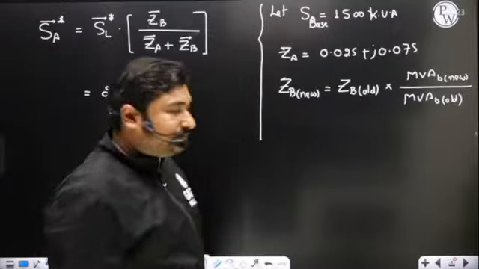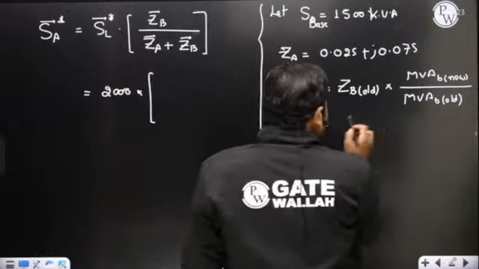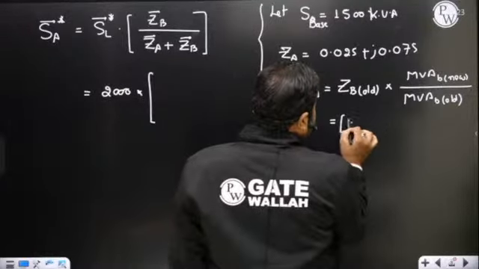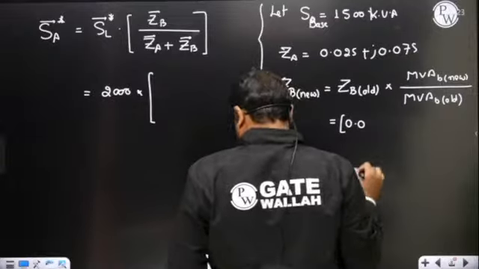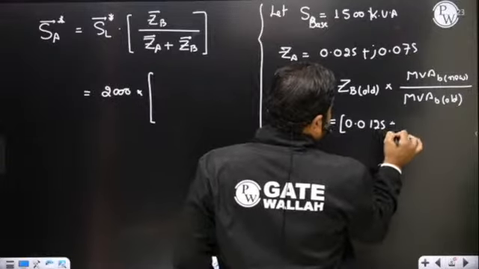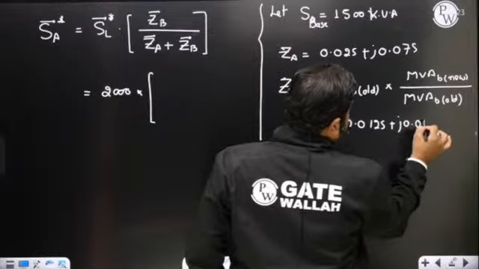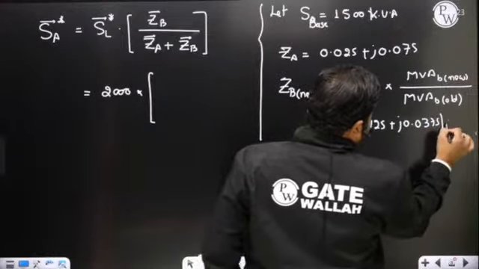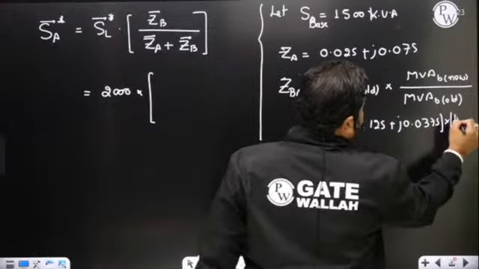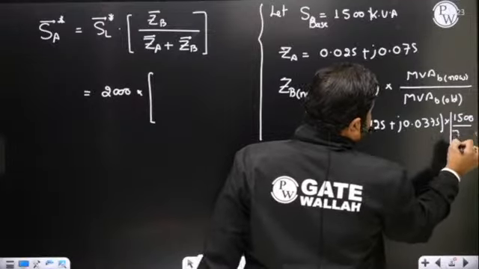Further, you can just substitute the values. So this will be 0.0125 plus j 0.0375 into what is new base? 1500. What is old base? 750.